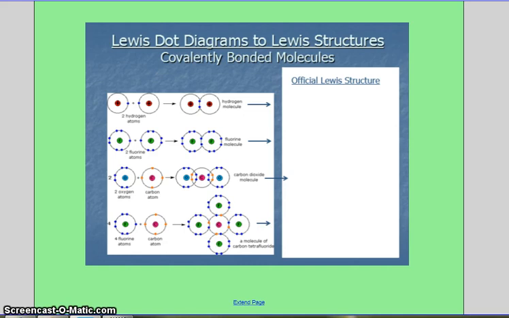Here we see the Bohr models representing it, and we'll draw out the examples for these different compounds and molecules. What I'll now do is replace the 2 individual dots with a line to represent those 2 electrons.